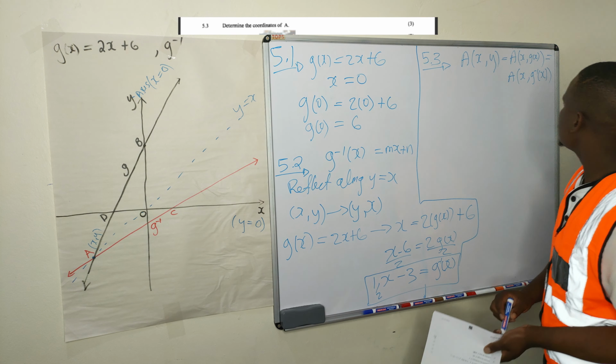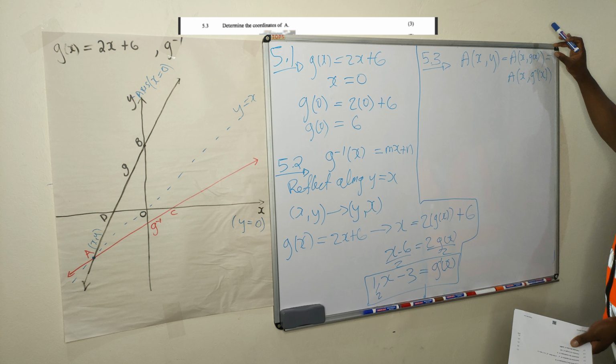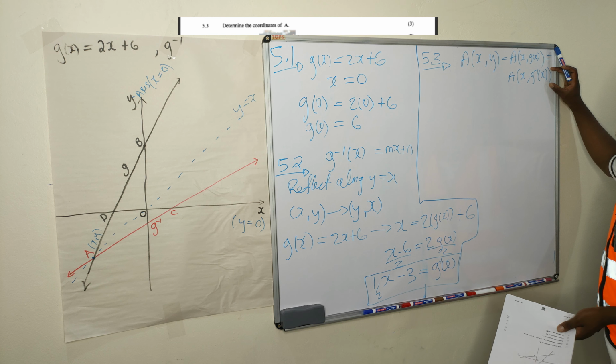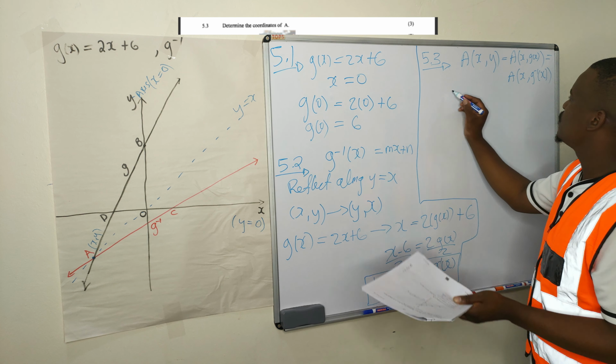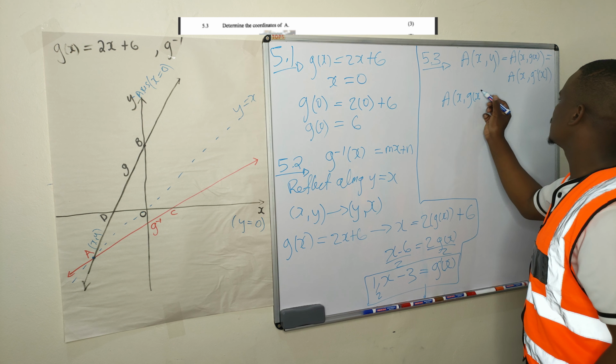A. So you can say, okay, if the coordinates of our function g are the same as the coordinates of our inverse, this means you have A, x and g of x.